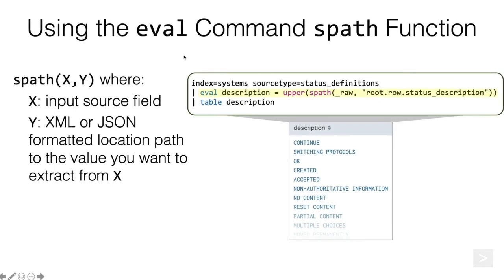As an alternative to the spath command, you can also use the spath function of the eval command. Spath is a command, however, it is also a function of the eval command, and the spath eval function accepts a location path as its second argument and will allow the values of that location path to be written to a newly named field.